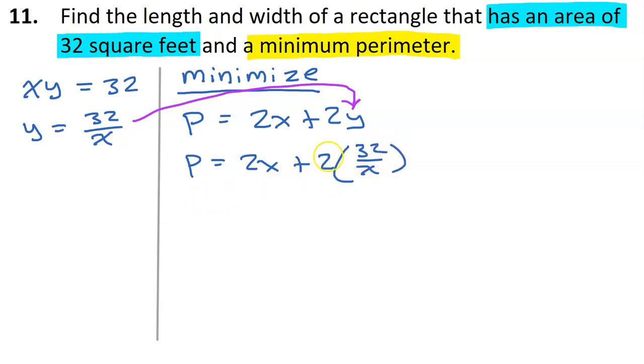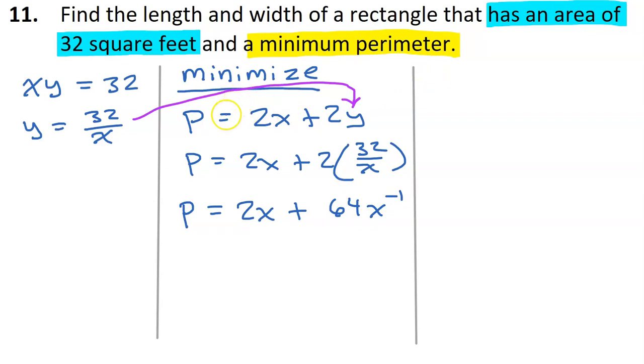Let's simplify this a little bit. 2 times 32 is 64. I'm also going to bring the x out of the denominator and make it x to the negative 1 power. So we will have perimeter is equal to 2x plus 64 x to the negative 1 power.